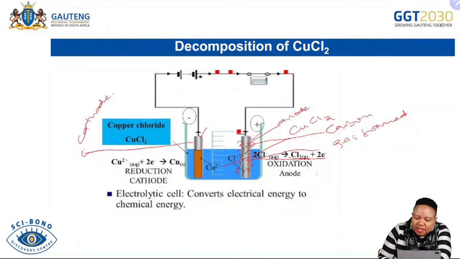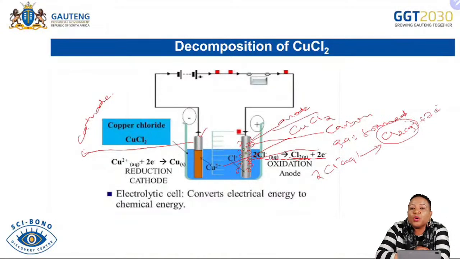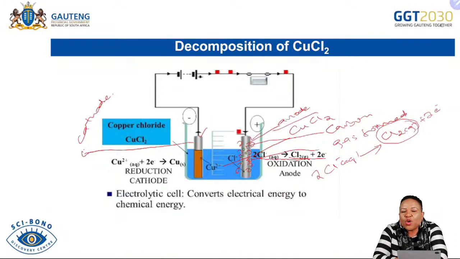At the anode side, two aqueous chloride ions undergo oxidation and form chlorine gas plus 2 electrons. Chlorine gas is formed at the anode because the chloride ion, our negative ion, undergoes oxidation by losing an extra electron. And when it loses an extra electron, it becomes chlorine gas.